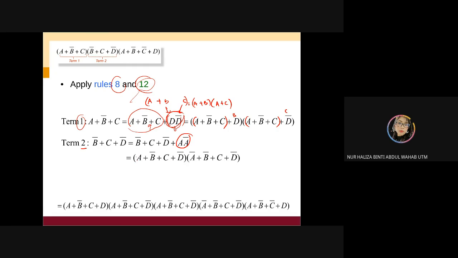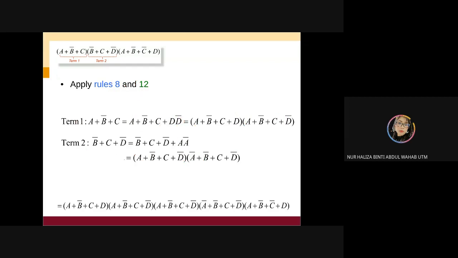This will be your A. This will be your A. This will be your B. This will be your C. You add B plus A. Here is C plus A from your rule number 12. Again, you just apply, then you get the answer.